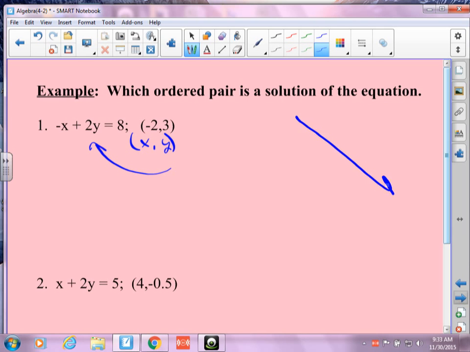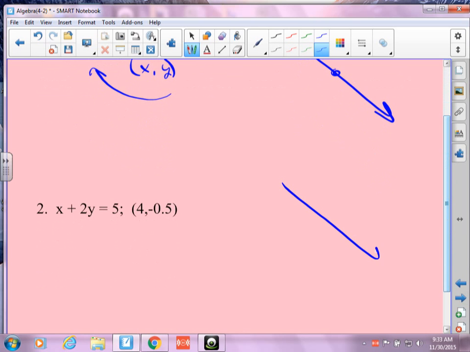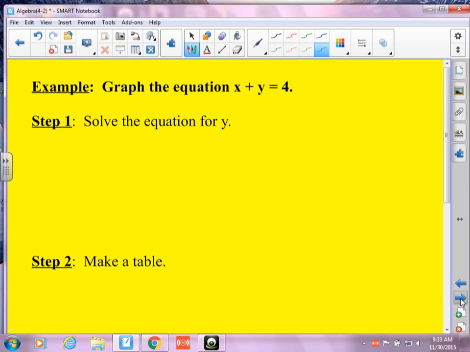If it checks, that means it's a solution and that dot is on the line. If it doesn't check, then the dot is off the line. And again, we take the x and y ordered pair and plug them into the equation just the way it is. Okay? All right, let's keep going.